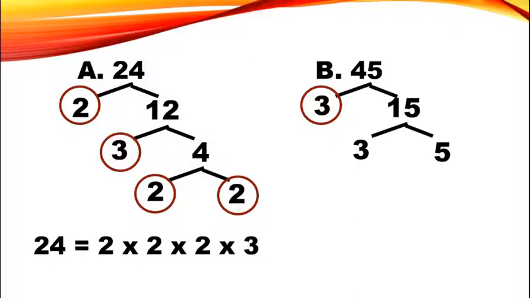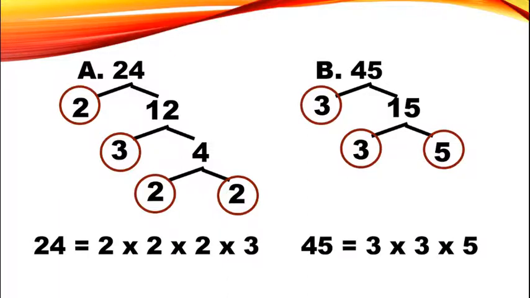So we all know that 3 and 5 are prime numbers or prime factors, so we will encircle them. So what is the prime factorization of 45? That would be 3 times 3 times 5. I hope that you got the correct answer.